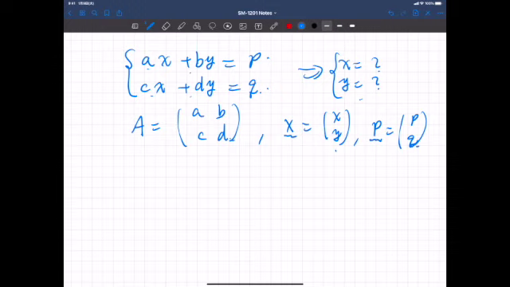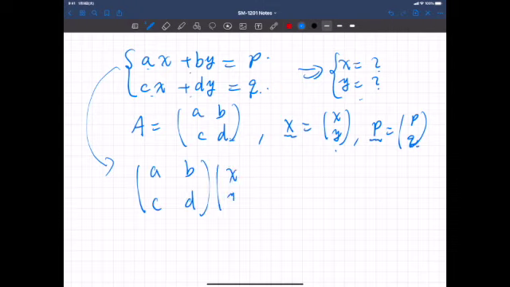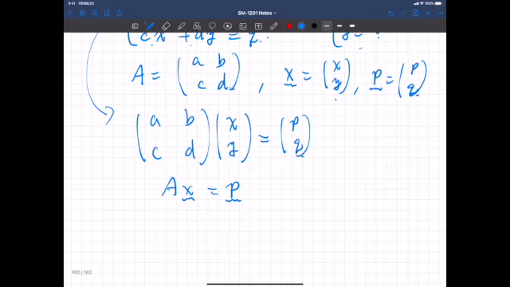Then these equations can be summarized as [a, b; c, d] times (x, y) equals (p, q). So that is Ax equals p.